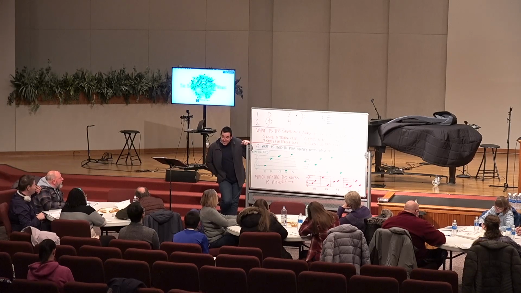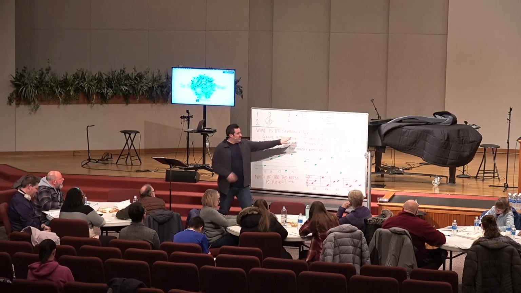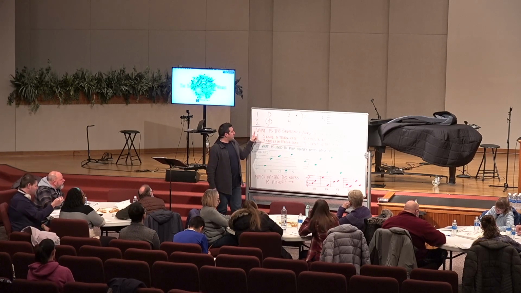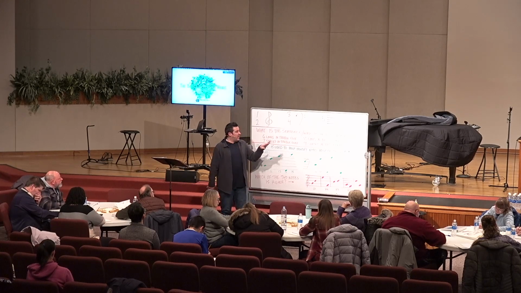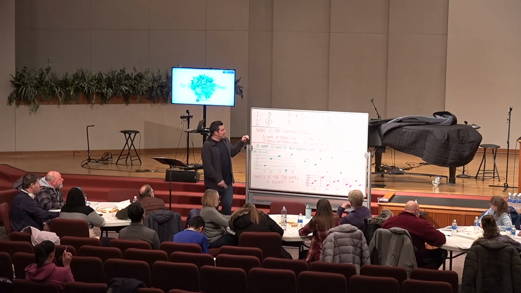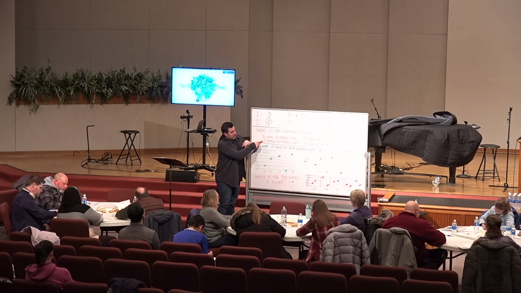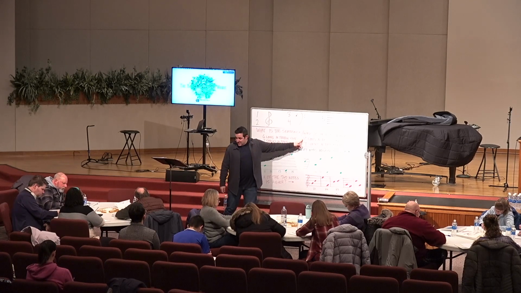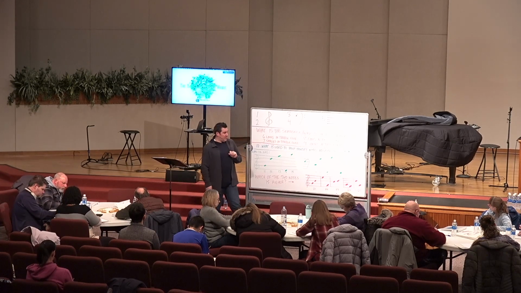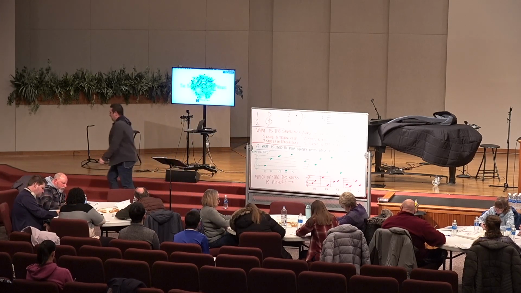Then 6, 7, 8, and 9. What is the sentence or word, the mnemonic device that helps you remember? Number 6, what the lines in the treble clef are. 7, what the spaces in the treble clef are. 8, what the lines in the bass clef are. 9, what the spaces in the bass clef are. Okay?